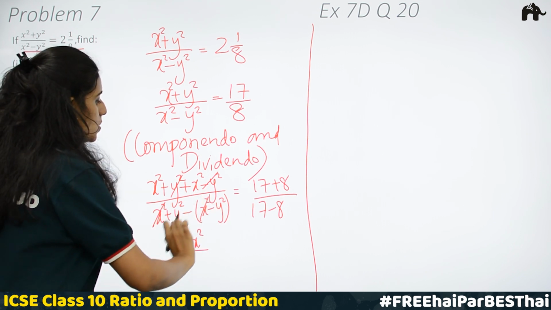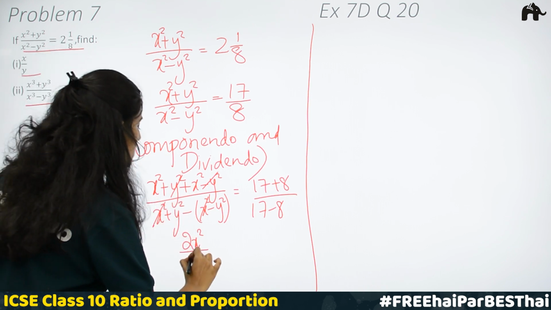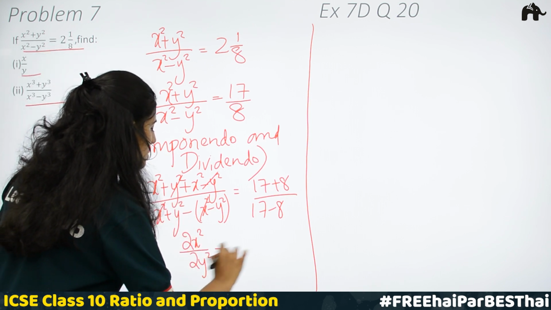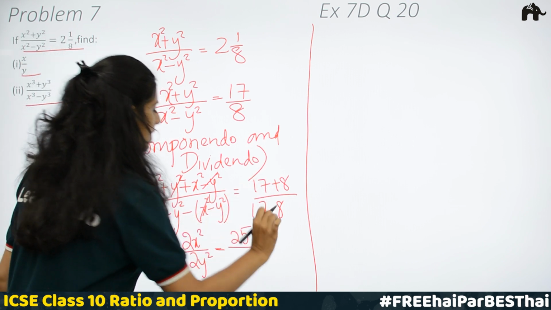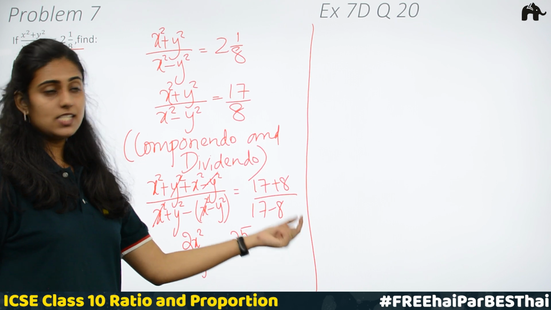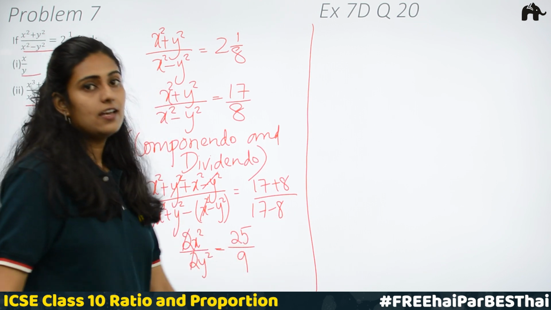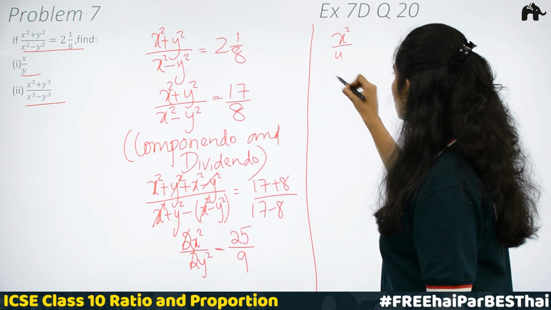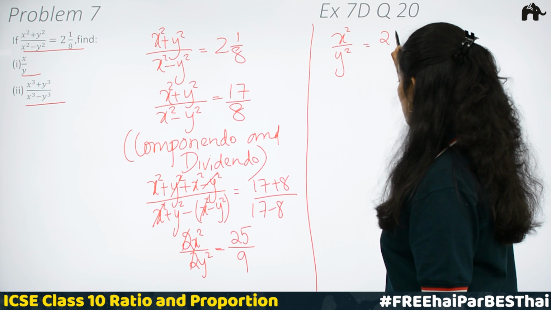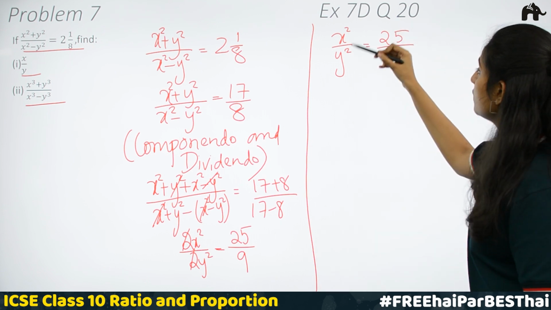Then you will be having y square minus of minus y square, that is y square plus y square, which is 2y square. 2y square is equal to 17 plus 8 is 25 divided by 17 minus 8 is 9. Okay, cancelling these 2's, we will be getting x square by y square is equal to 25 divided by 9. Okay, we got x square by y square.